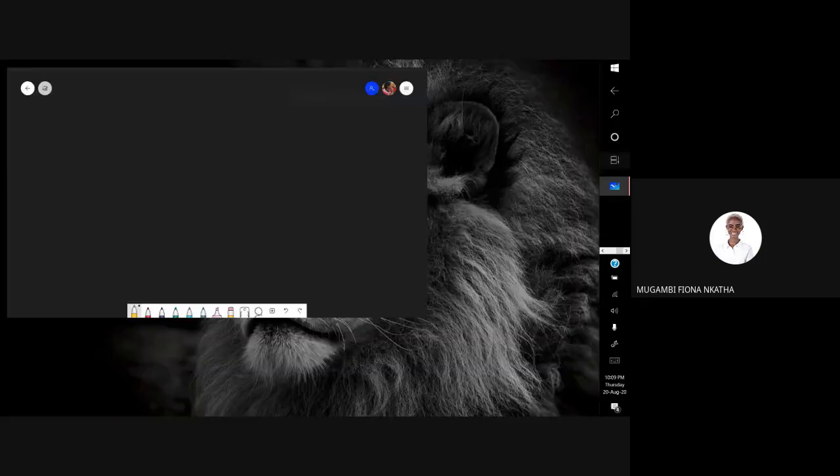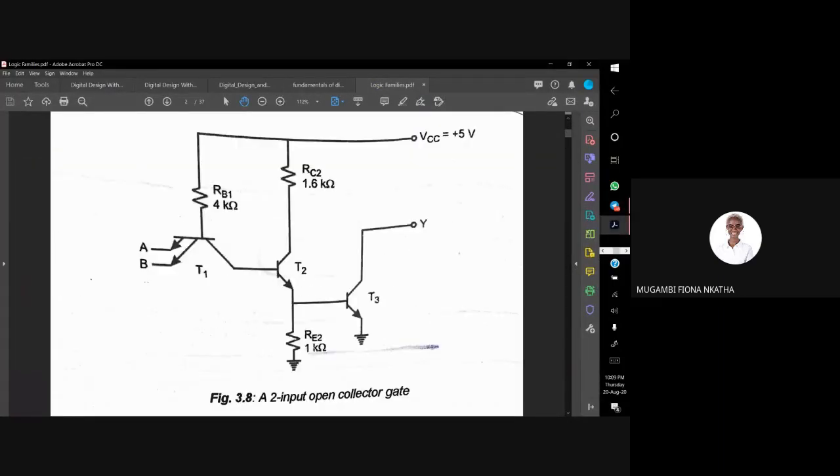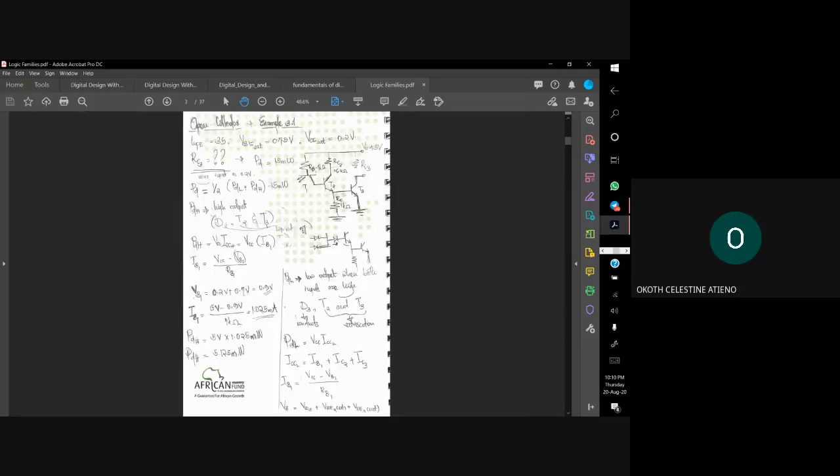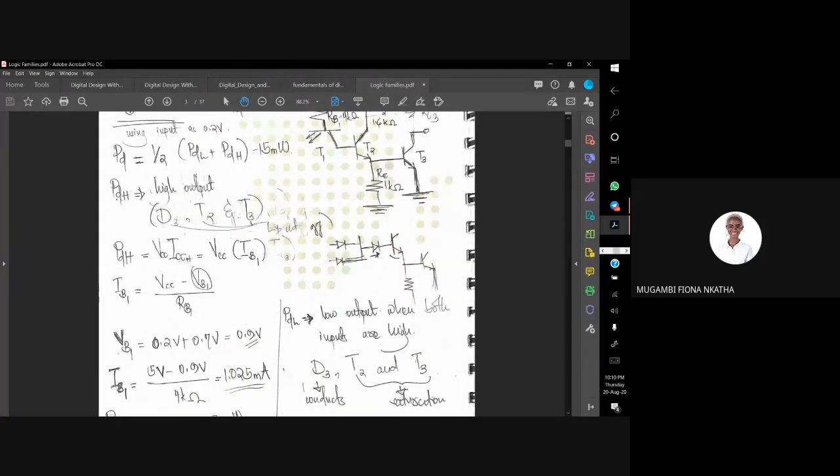You see, there's this T1 here. Can you see this T1? So when we have that arrangement for the diodes, we usually say the multimeter. Yes, that's the D3 I'm talking about.